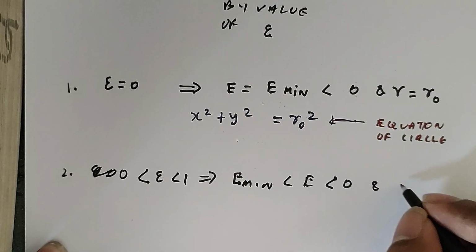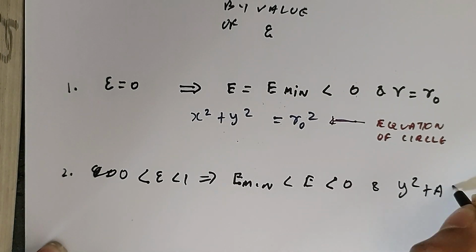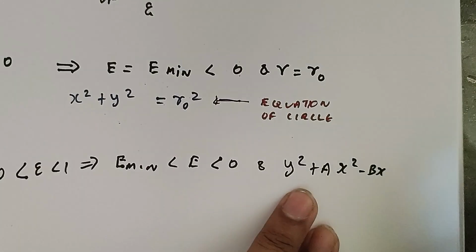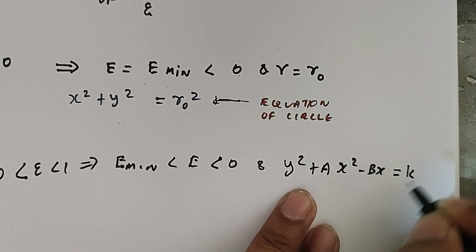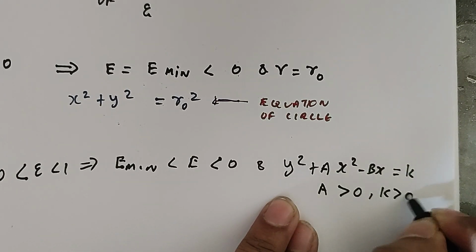And what will happen? The generalized equation can be written like this, where A is greater than 0 and k is greater than 0.